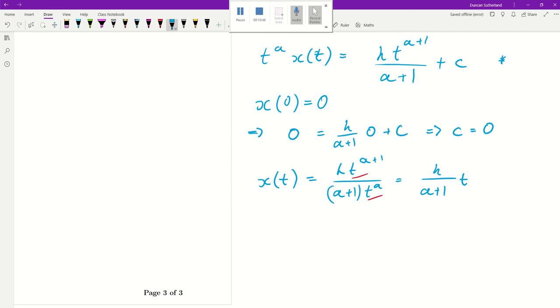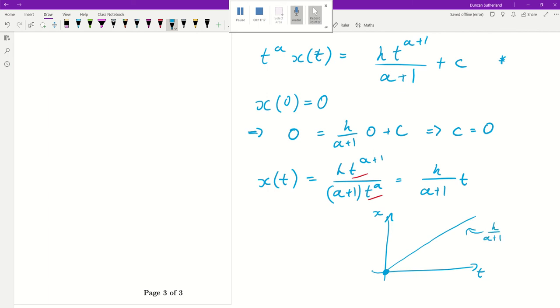So what's happening here is that the number of bacteria in the tank grows linearly with time, right? And it grows linearly with t, x of t, right? The intercept is 0. The gradient here, the slope of this line, is k on a plus 1.